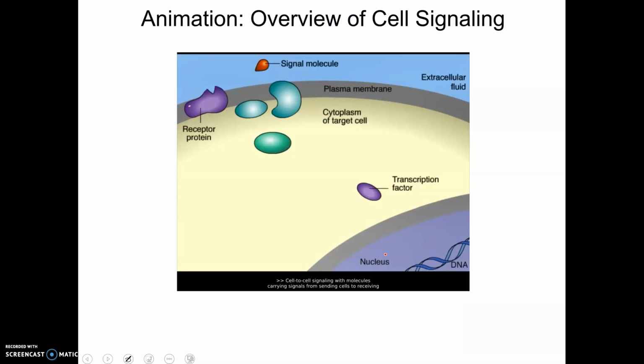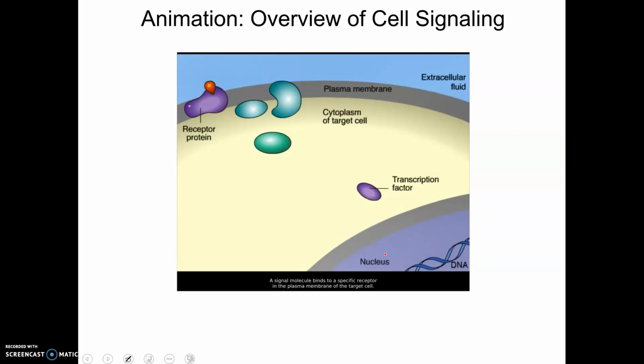Cell-to-cell signaling, with molecules carrying signals from sending cells to receiving or target cells, is a key mechanism in the coordination of cellular activities. In most cases, a signal molecule acts by binding to a receptor protein in the plasma membrane of the target cell and activating a series of changes, a signal transduction pathway, that triggers a specific response within the cell.